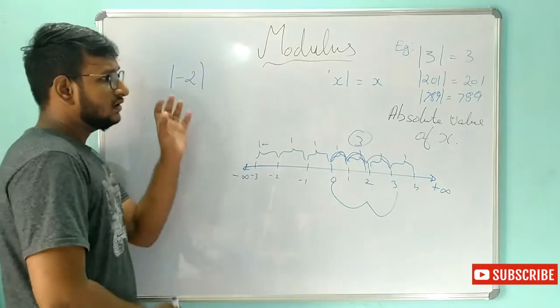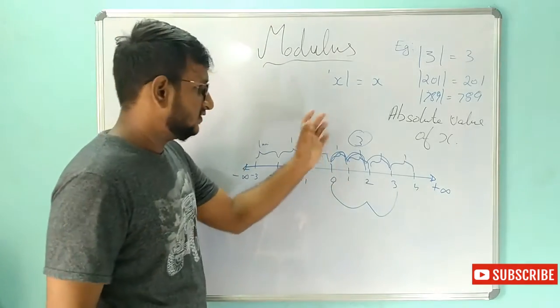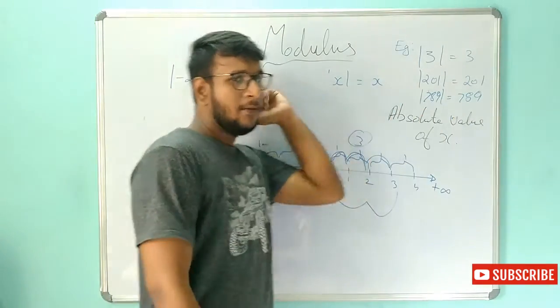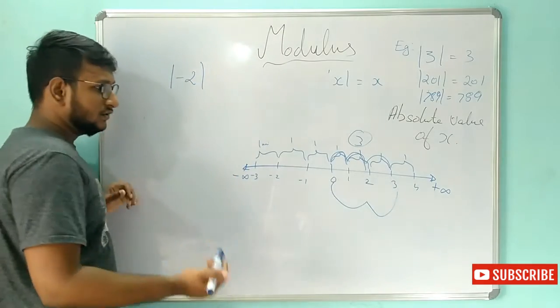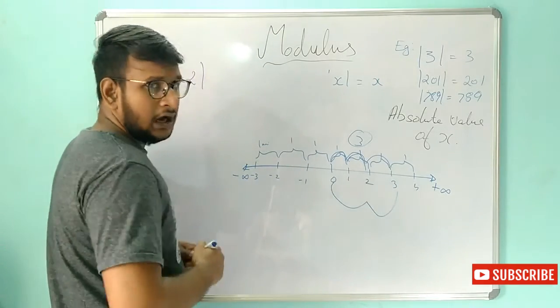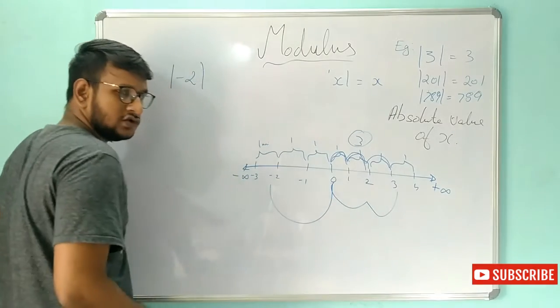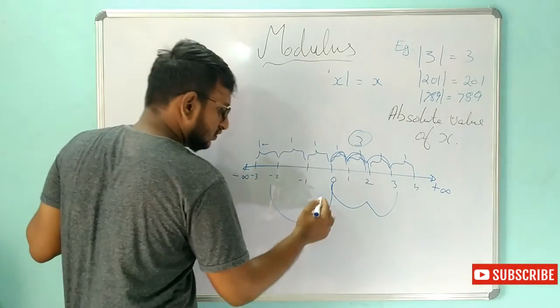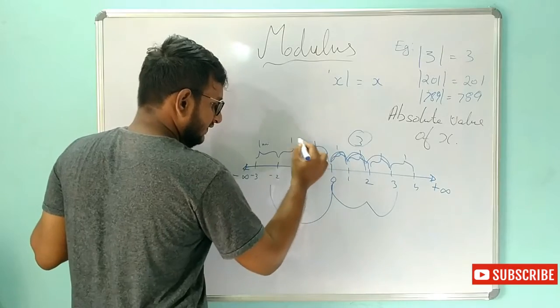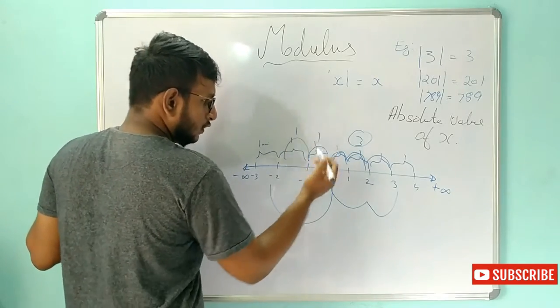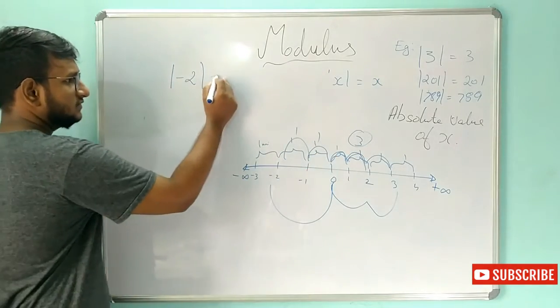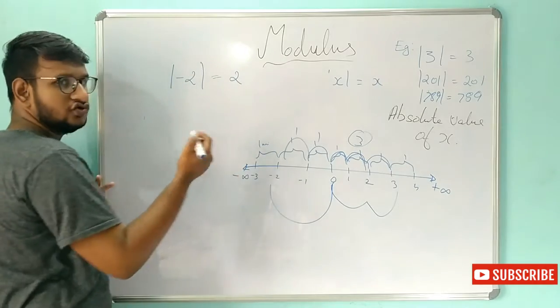Again, the definition holds the same, which is the absolute value of minus 2. We have to check the distance between 0 and minus 2. We go once and then twice, 2 jumps, that is 2 units. So the absolute value of minus 2 is 2.